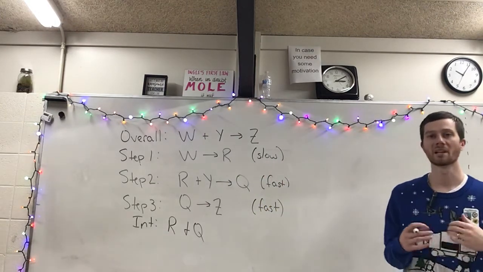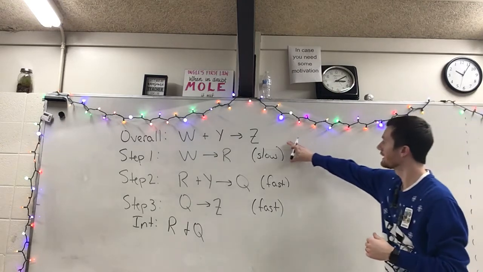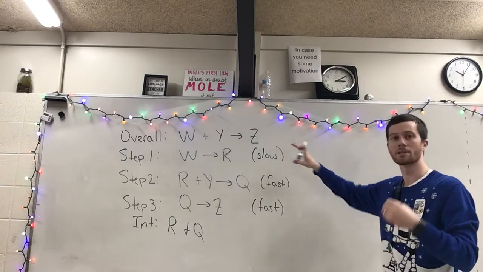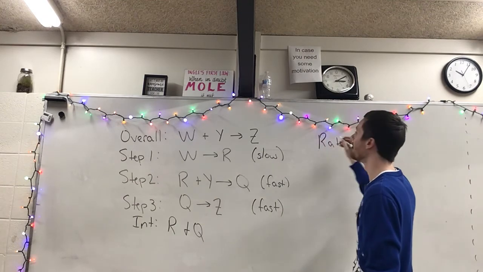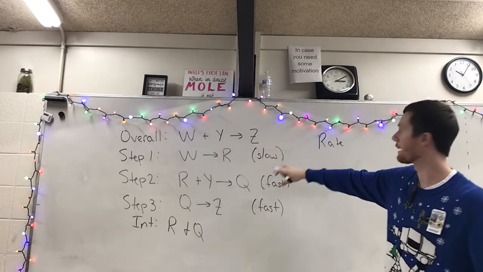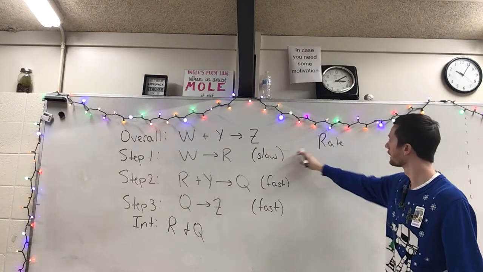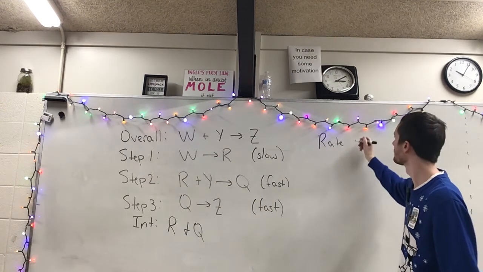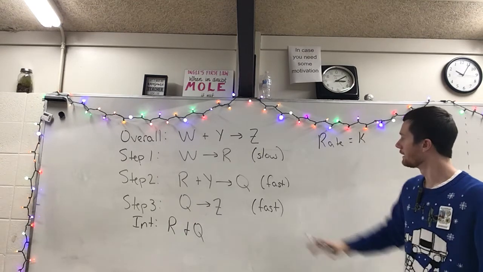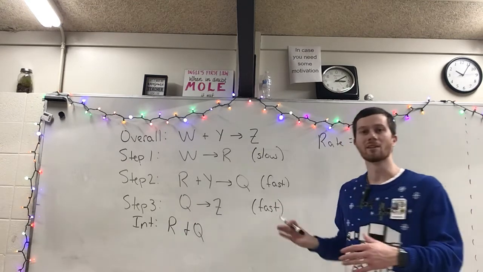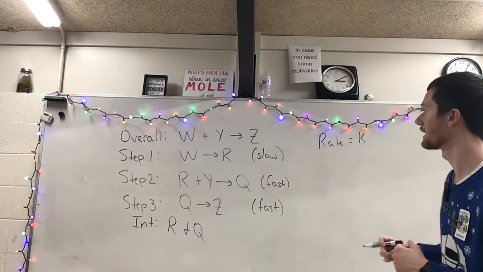So what we can do now is write a rate law based off of this slow or rate determining step. Since the rate law is entirely determined by the rate determining step, this slow step here, we know our rate law is going to be rate equals k. And again, step 2 and step 3 are irrelevant because they're fast reactions in the scheme of things here.